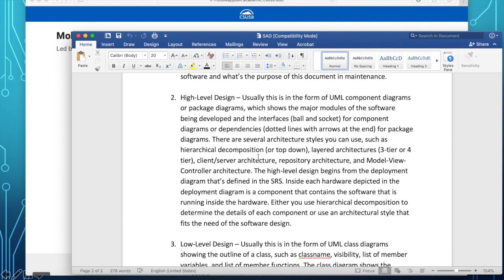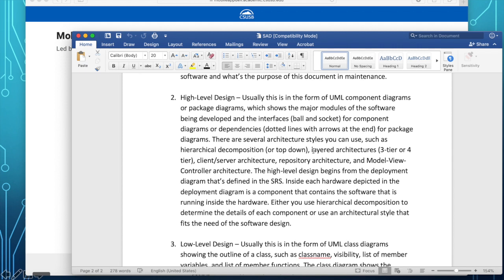That's what we call in computer science divide and conquer. That's hierarchical decomposition or top down. That's usually what we do when we try to find a good way to define the structure of your software.